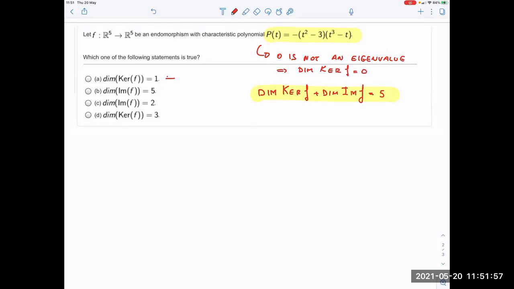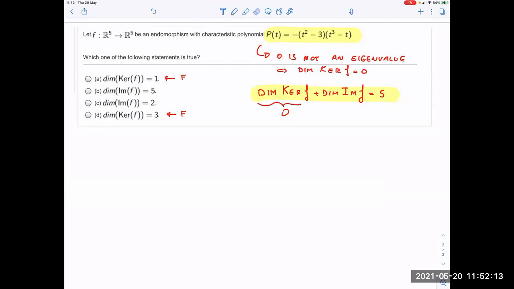So this is telling me that these two are clearly false. So I have a 0 here. And so you see there is only one possible option.